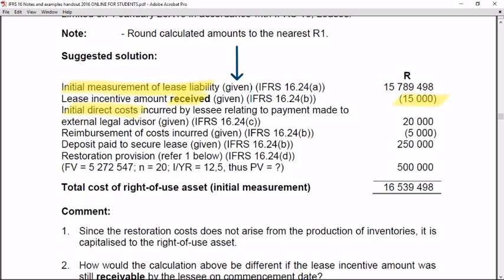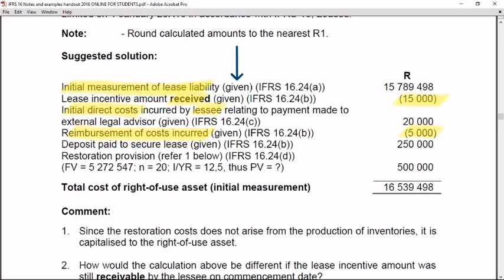Initial direct cost incurred by the lessee, be careful. Any initial direct cost incurred by the lessor will not affect the cost of the right of use asset. The lessor reimbursed the lessee some of these costs. It is the same principle as with a lease incentive. The amount was paid, meaning it was received by the lessee.